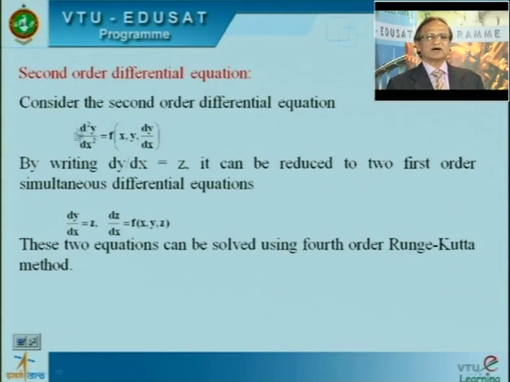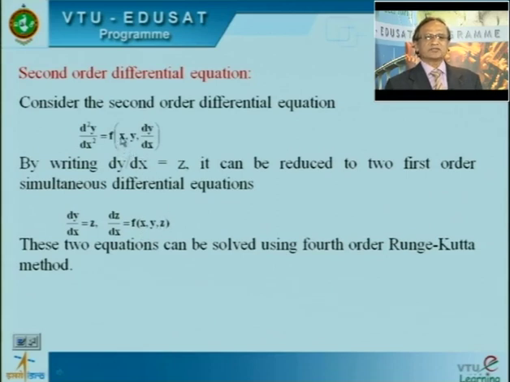For that reason I replace dy by dx by z. Then the given equation becomes dy by dx is equal to z. It can be written as d square y upon dx square is d by dx of z, that is equal to function of x, y, dy by dx.